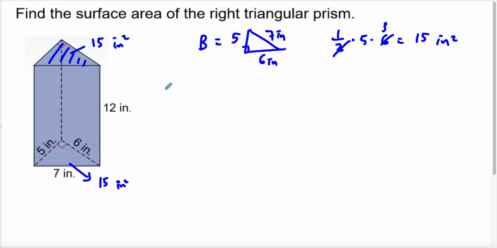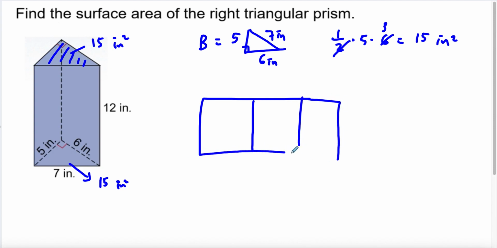Now we can take a look at the lateral surface. If you open them up using the net, you're going to have a rectangle like that, and you're going to have a right triangle, right? So this is 7, and this is 5, this is 6.